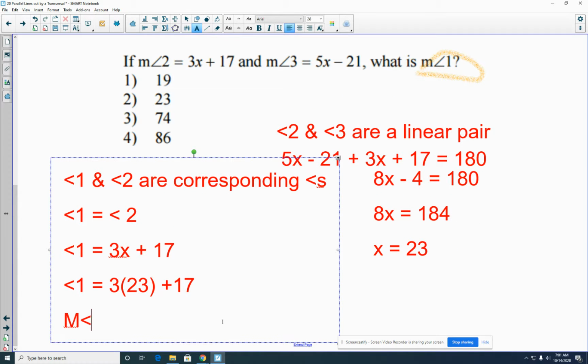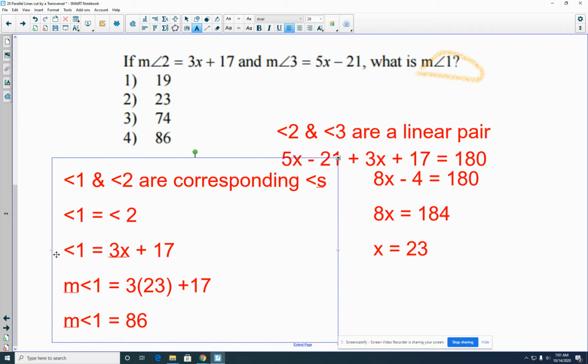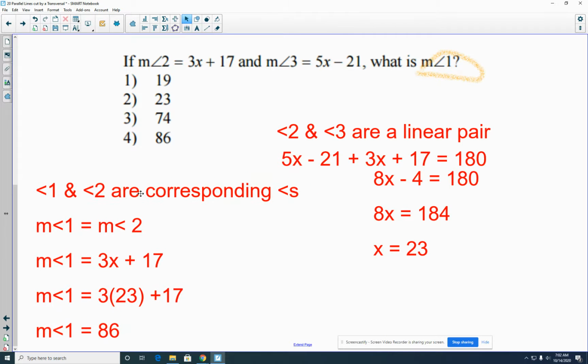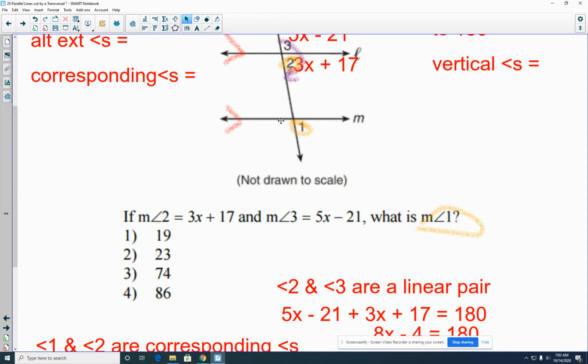So the measure of angle 1 is equal to 86 degrees. It has a little measure in front of it for all these because we're talking about equal. That's how it works. Right, so I use my linear pair relationship because we're talking about just one of the lines. And then I say, well, how can I tie it into angle 1? And angle 1 is on a different parallel line.